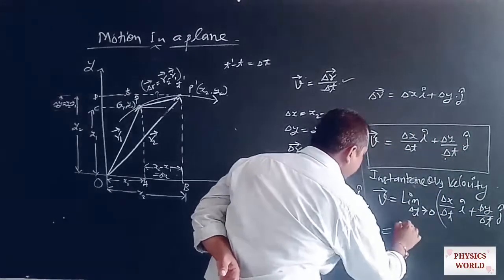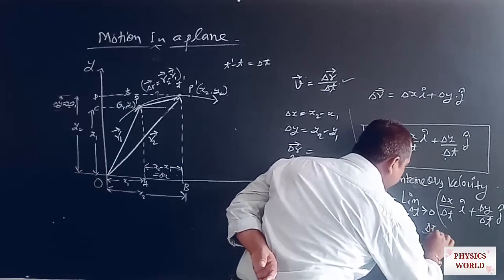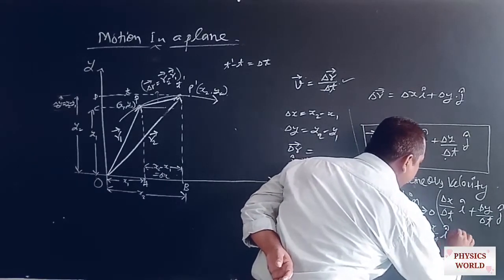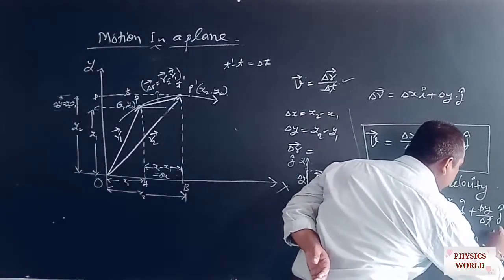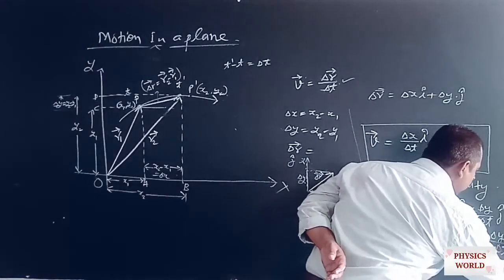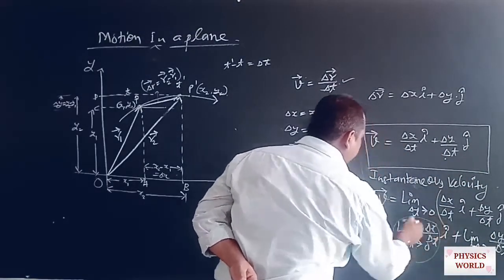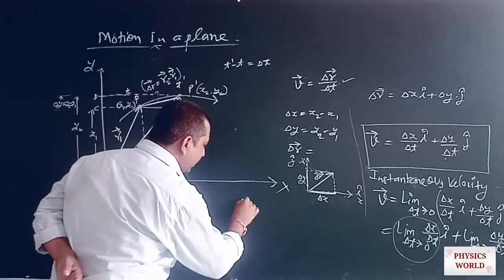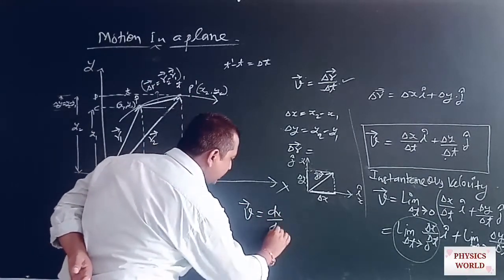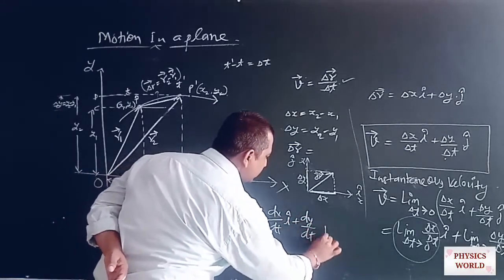This further can be written as limit delta t tends to 0 of delta x by delta t i cap plus limit delta t tends to 0 of delta y by delta t j cap. So now this value can be treated as dx by dt. So this v further can be expressed as dx by dt i cap plus dy by dt j cap.